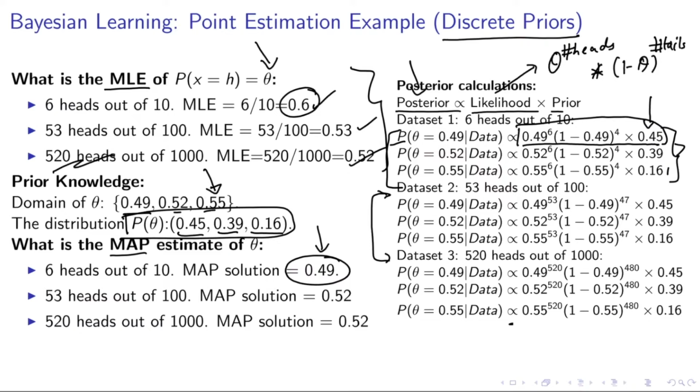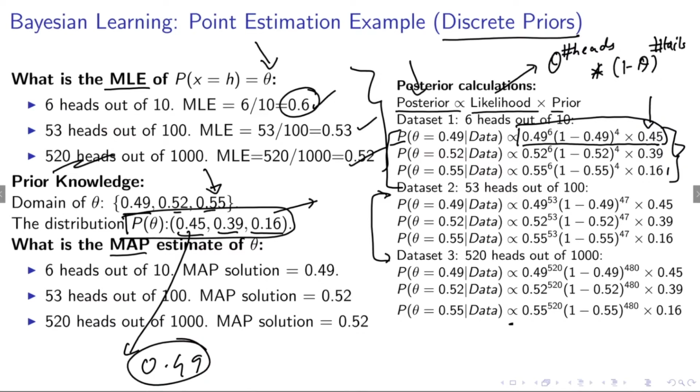However, because of the prior, and since the prior is not uniform, what is happening now is that the most likely estimate according to the prior, 0.49, dominates, because the probability of 0.49 was 0.45. So that will be my MAP solution.